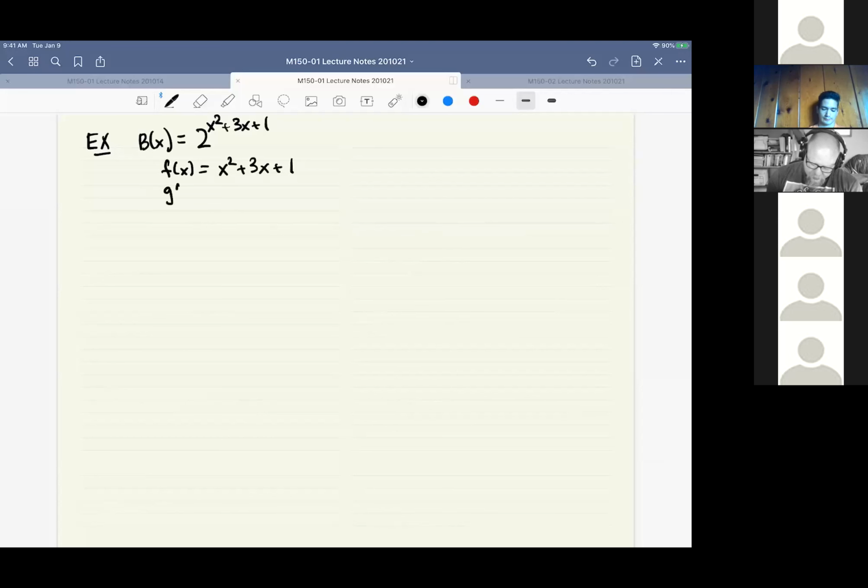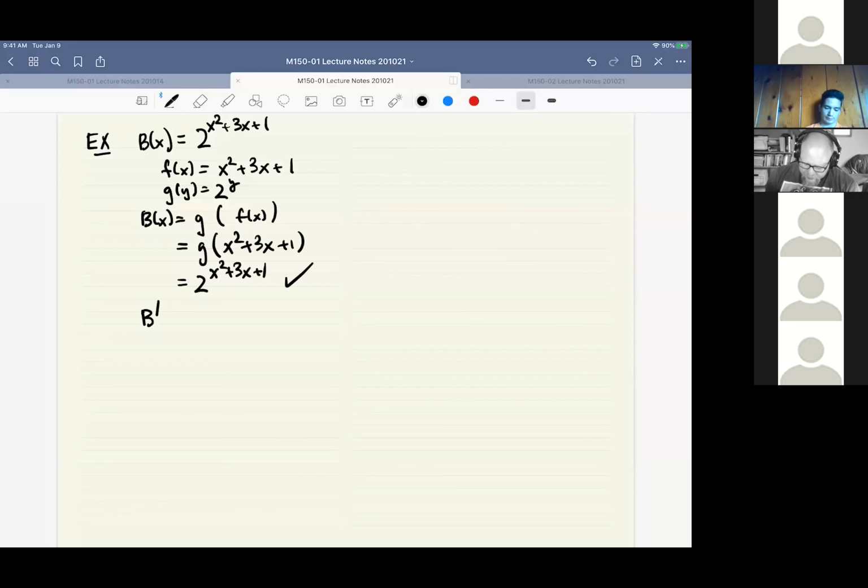And my second function is the function that takes the value of that polynomial to 2 to that value. And so I think b of x is g of f of x. And let's just double check that. G of polynomial. And then g takes the input and puts it in the exponent of 2. All right, so that checks out.